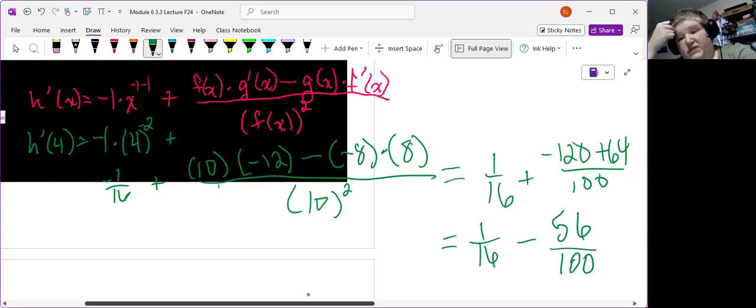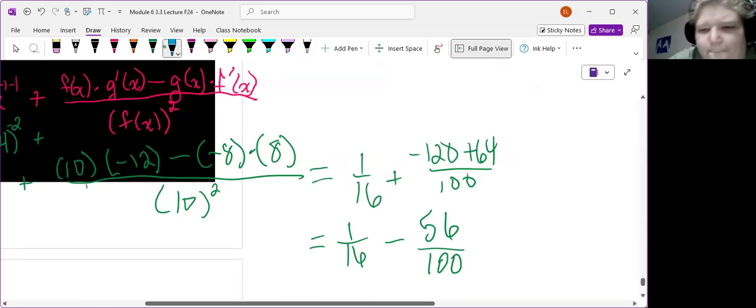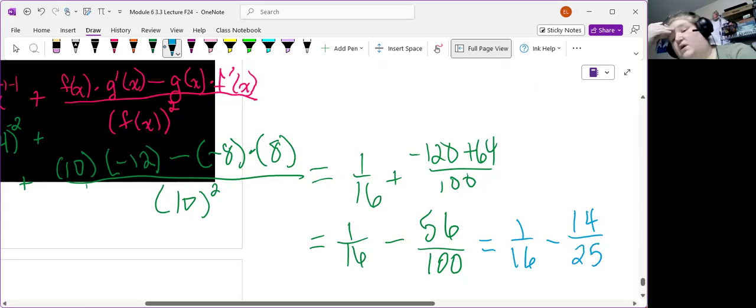And 100 is divisible by 4. 56 is actually divisible by 8. It's 7 times 8. But 1/16 minus, 4 goes into 50. 4 goes into the 5 once. Minus 4 leaves 16. So that's 14 over 100 divided by 4 is 25.